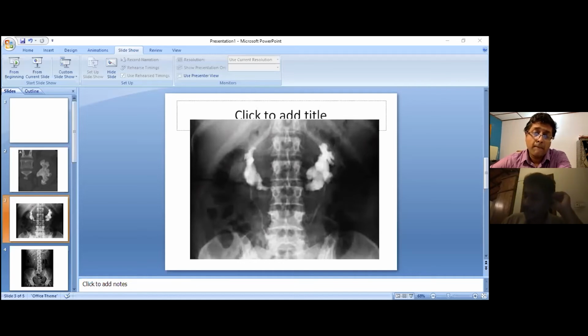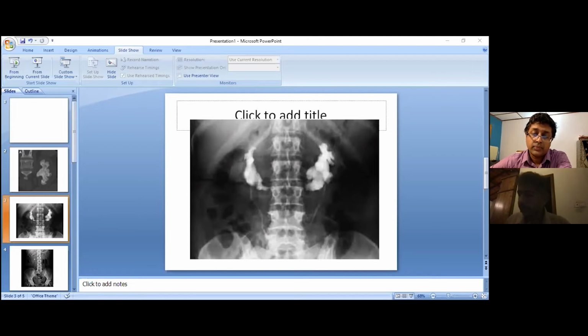Any other investigation? I'll also do a differential function to see whether the drainage is adequate as well, because I might have to combine with a drainage procedure, or maybe if the ureter is not draining properly.